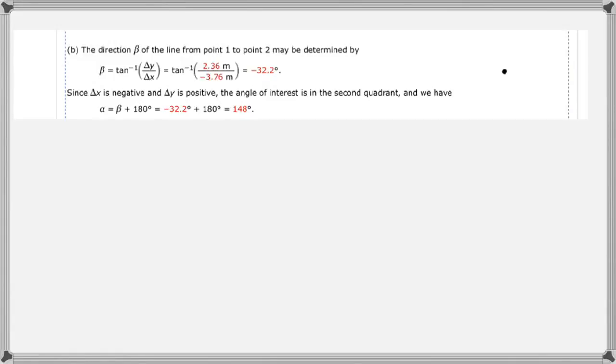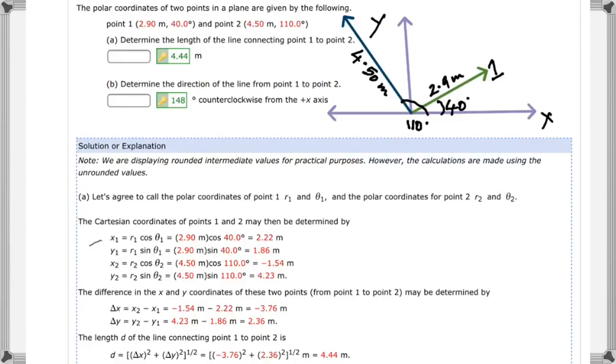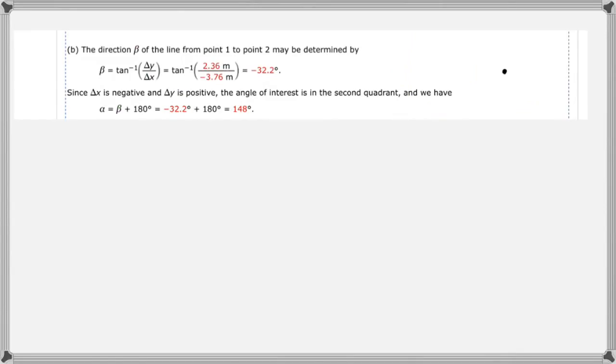Now to find the direction of the line from point 1 to point 2, you just divide delta y by delta x, because the difference in the y and the difference in the x sets up a right angle triangle, and the opposite side divided by the adjacent side becomes tan theta. So you do that, you get that, and you see that it's a negative.